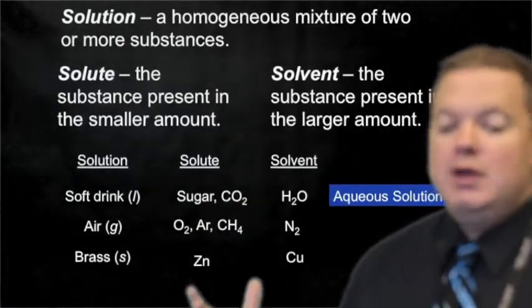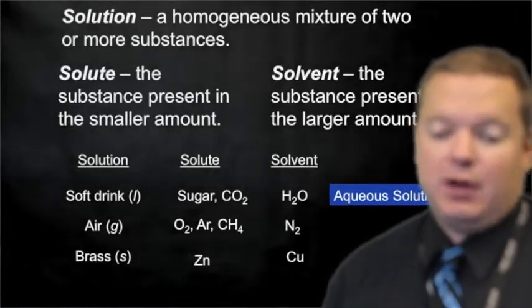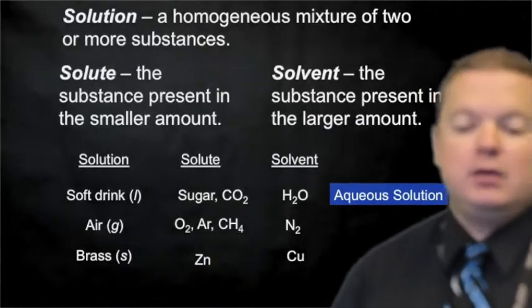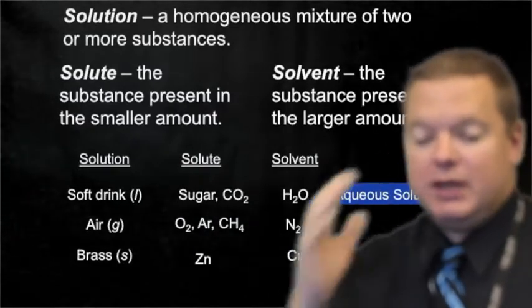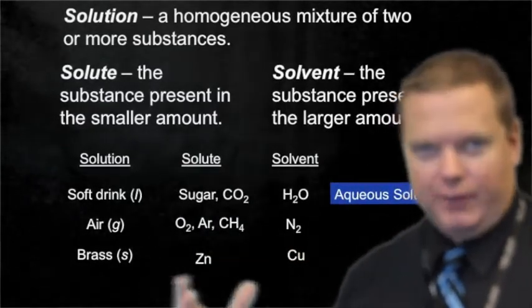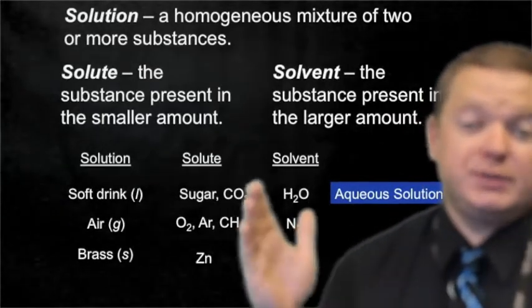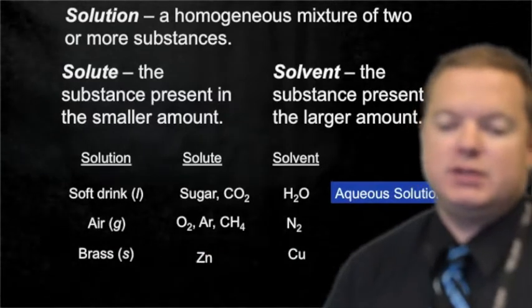It may seem weird, but we can also talk about solutions in the solid phase, such as brass. Brass is a mixture of zinc in a larger amount of copper. So zinc is the solute, copper is the solvent. In all of these solutions we have a substance or substances in a smaller amount dissolved into the substance with the larger amount.